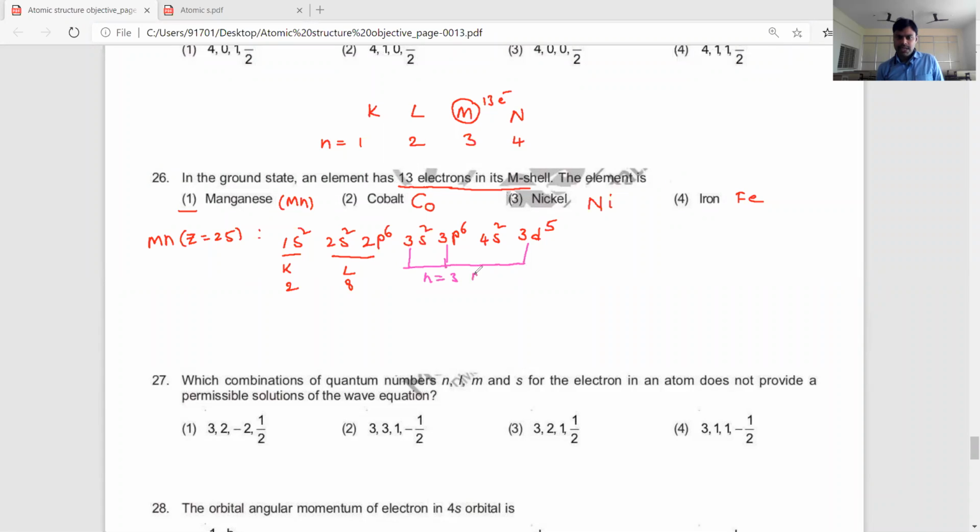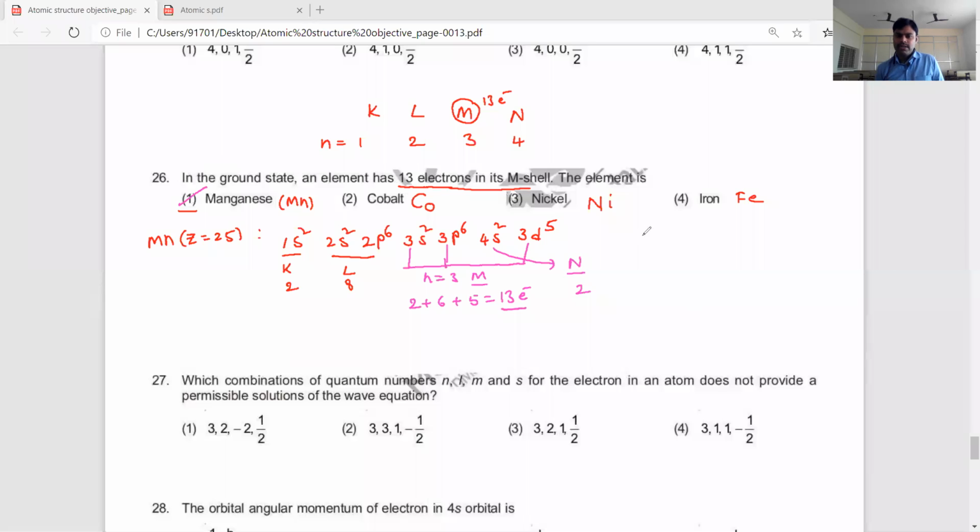In the M shell, how many electrons are present? 2 plus 6 plus 5 is equal to 13 electrons. And this 4s means N shell. The N shell contains 2 electrons. In the given question, which atom contains 13 electrons in the M shell? So that is manganese.